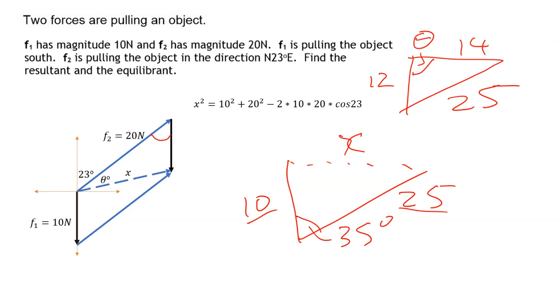Just so you know, the cosine law is useless in a case like this. Let me show you when the cosine law is useless. Let's say I had this side as 17 and this side as 22. And then I was given this angle over here, let's say 100 degrees.